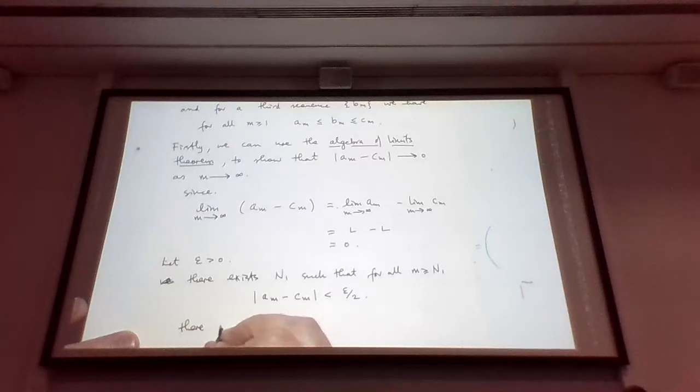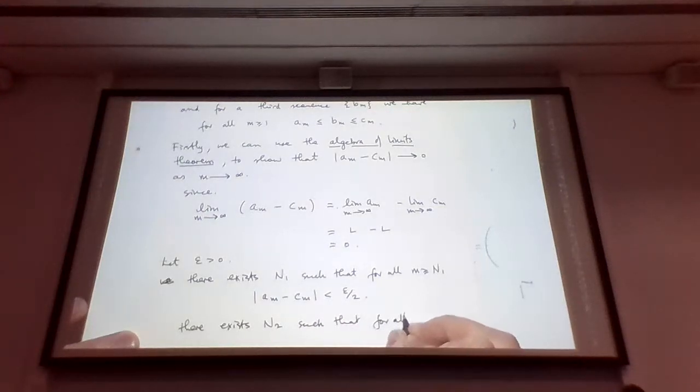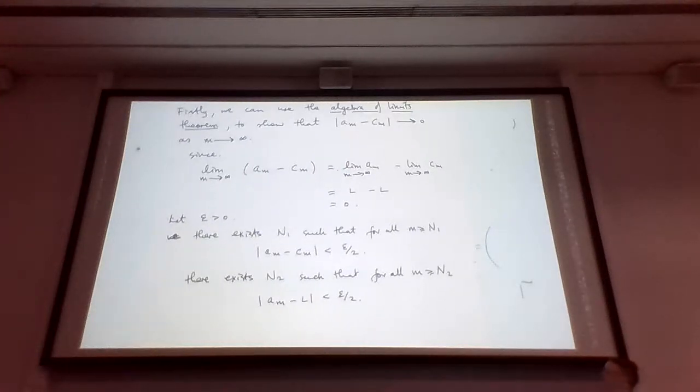And there exists another number n2 such that for all n bigger than or equal to n2, the absolute value of am minus L will also be strictly less than epsilon. Now, these are both true because these are both instances of the formal definition of convergence.